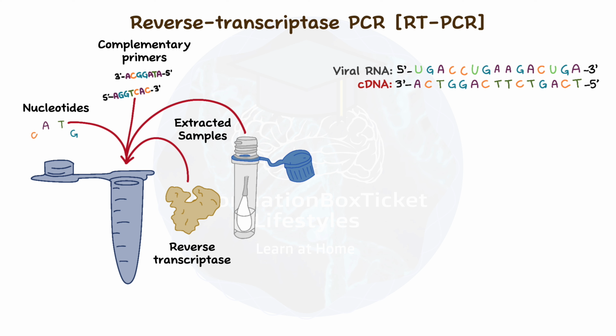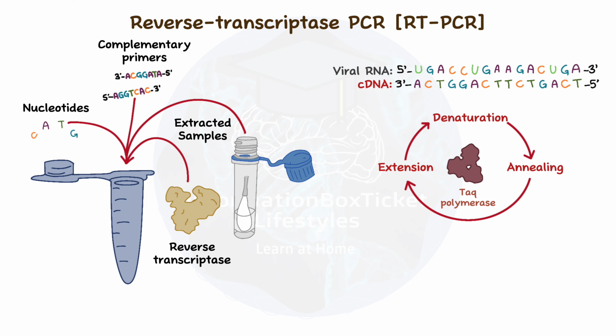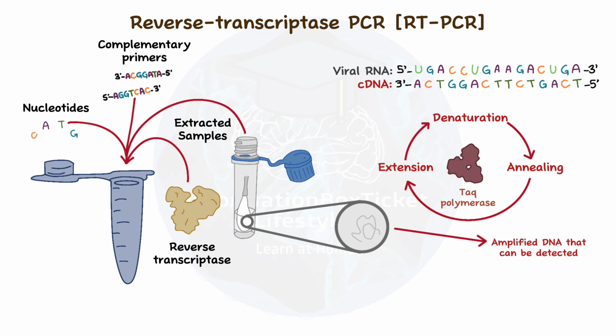Once the cDNA is formed, the rest of the RT-PCR process mirrors standard PCR. Taq polymerase is used to amplify the cDNA through the usual denaturation, annealing, and extension phases. After multiple cycles, if SARS-CoV-2 RNA was present in the original sample, you'll end up with amplified DNA that can be detected.